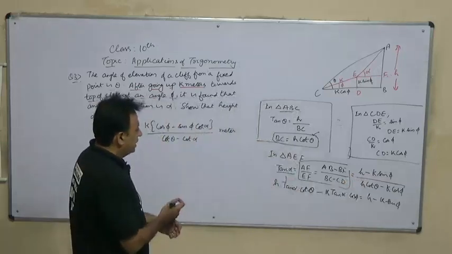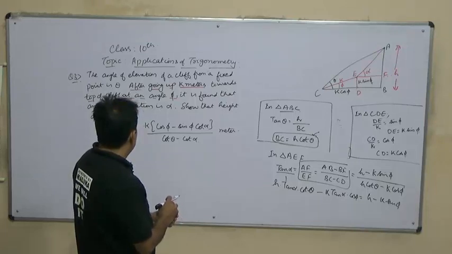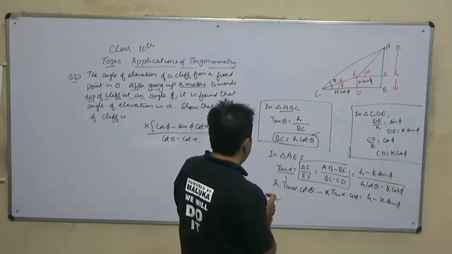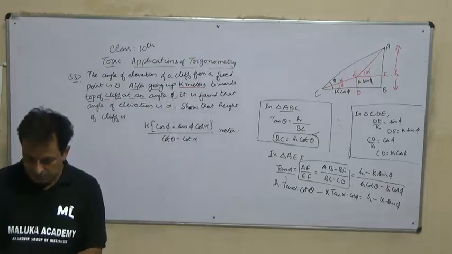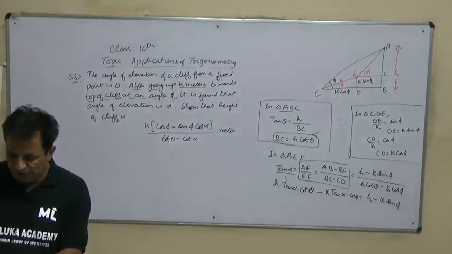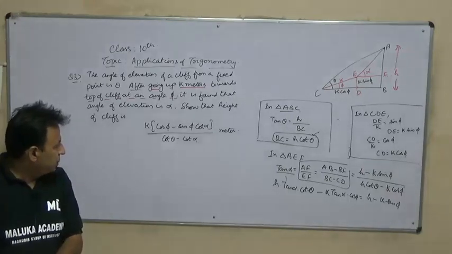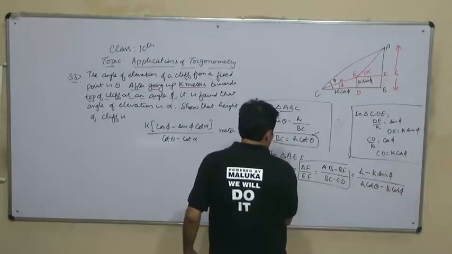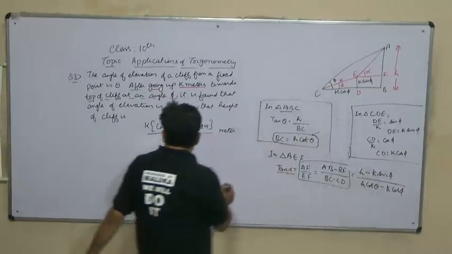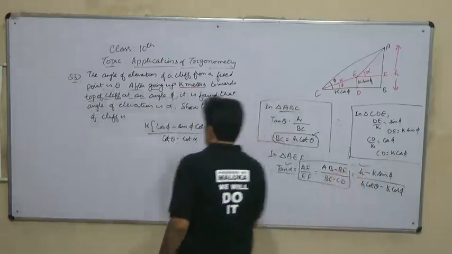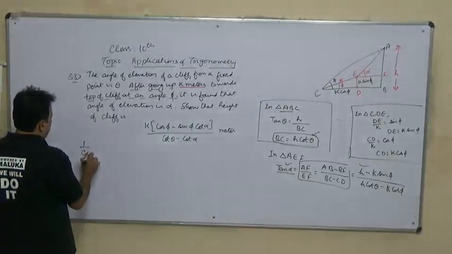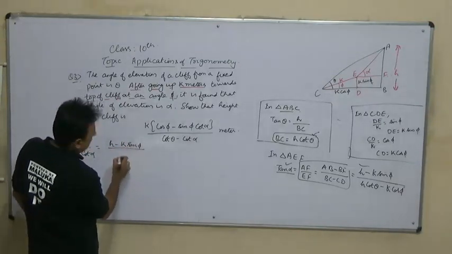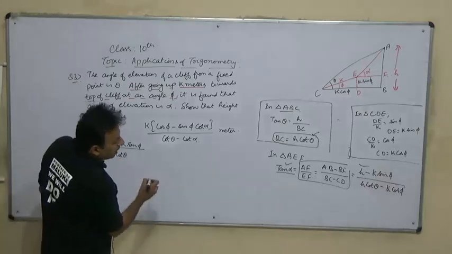Now we take the H terms into one part. We want to find H. So we write this here, we take this to this position, that is 1 upon cot alpha is equal to H minus K sin phi upon H cot theta minus K cos phi.